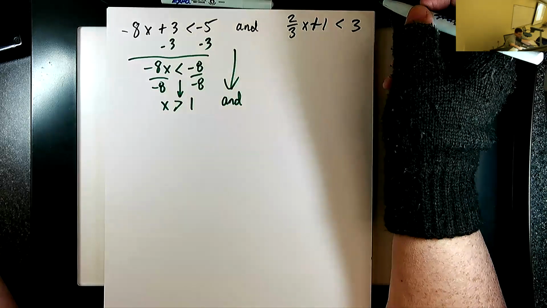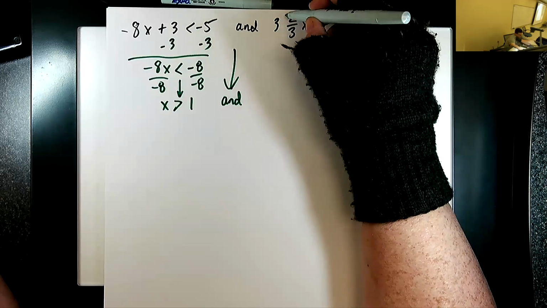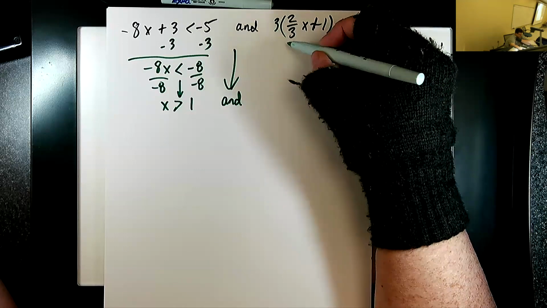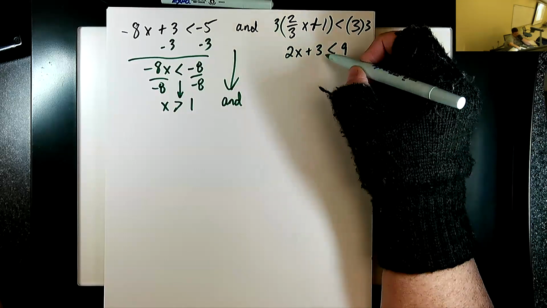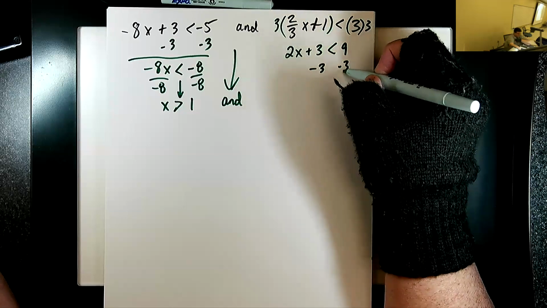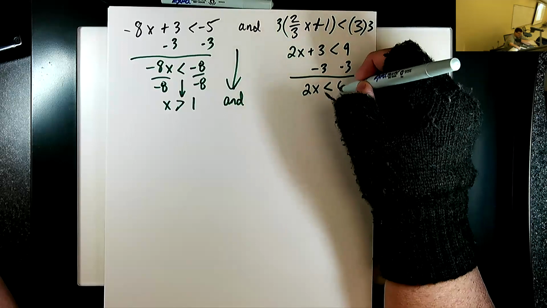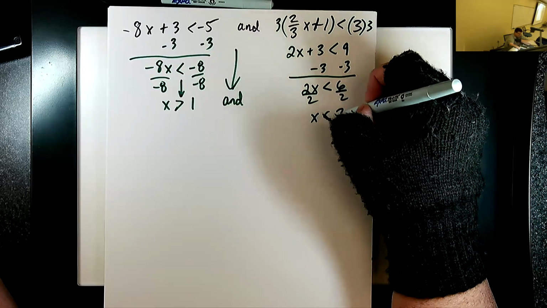And I can go through and get rid of the fractions by multiplying everything by 3. If I do that, I get 2x plus 3 is less than 9. Subtract the 3, I get 2x is less than 6. Divide by 2, and I get x is less than 3.